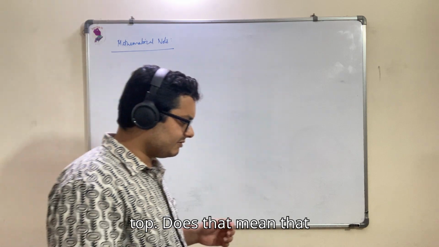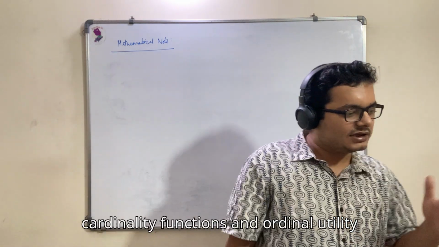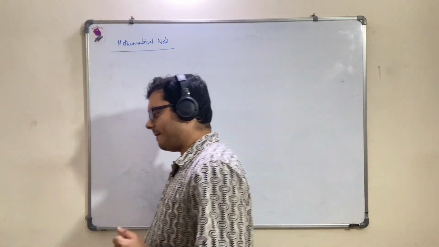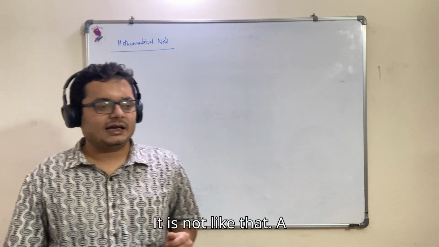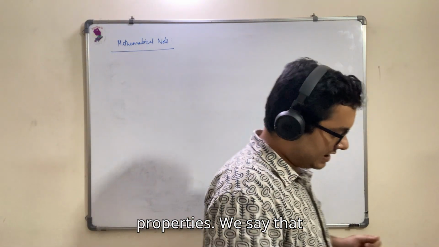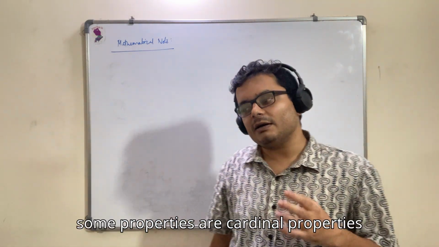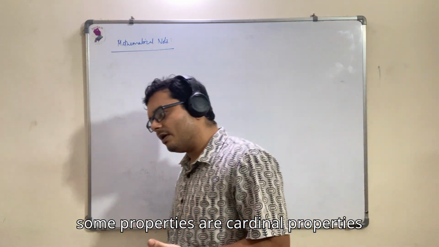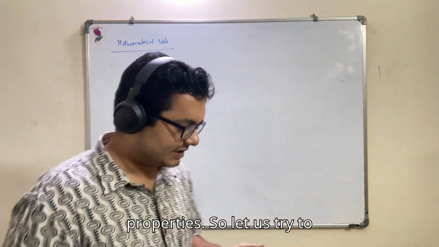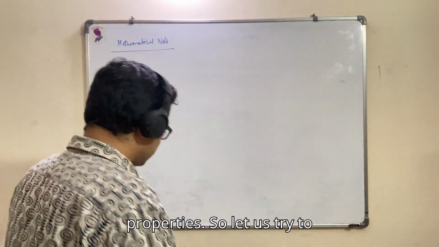Now, does that mean that cardinality functions and ordinal utility functions are totally different? It's not like that. A function can have many properties. We say that some properties are cardinal properties and some properties are ordinal properties. So let's try to understand that.